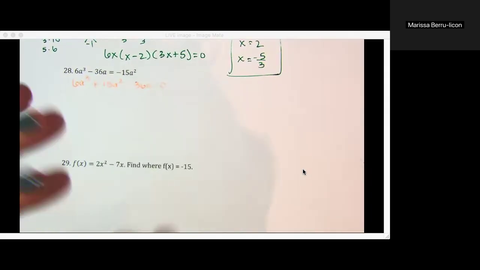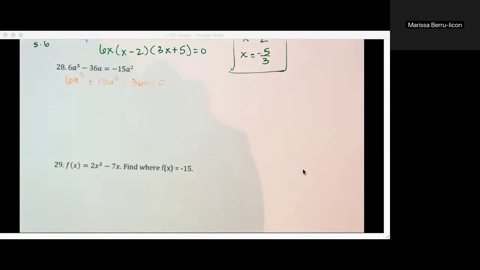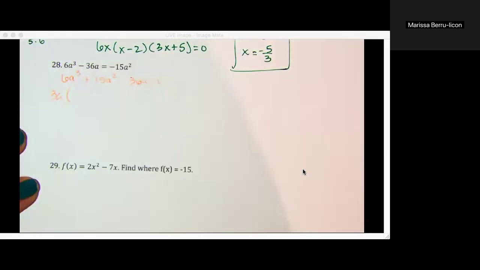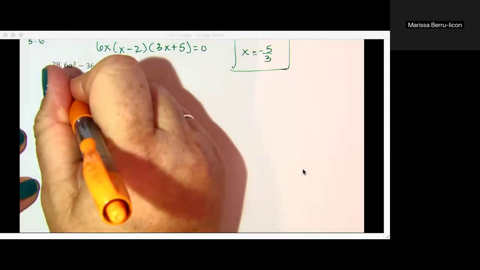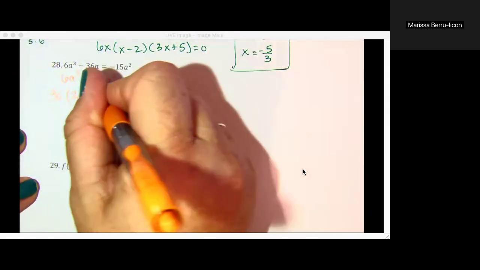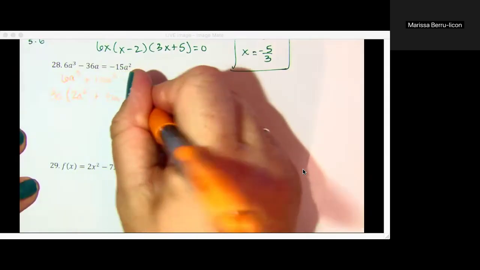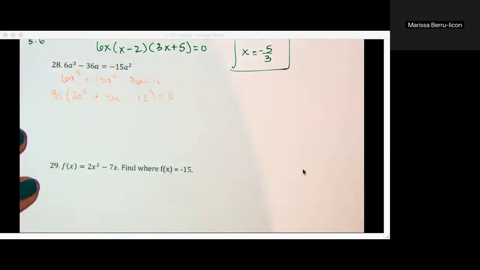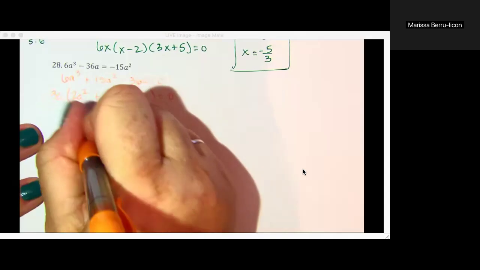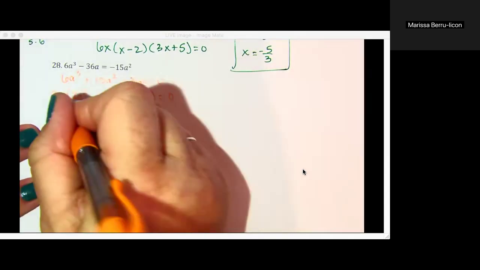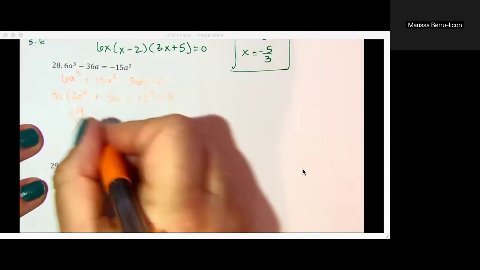And I notice that I have a common factor of 3a. So 3a can be pulled out, and then I'm left with 2a squared plus 5a minus 12. And then I can go ahead and use the x method for what's inside here. A times c is negative 24. My b value is 5.